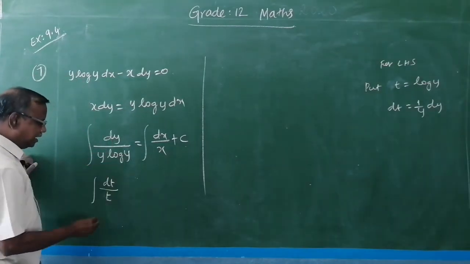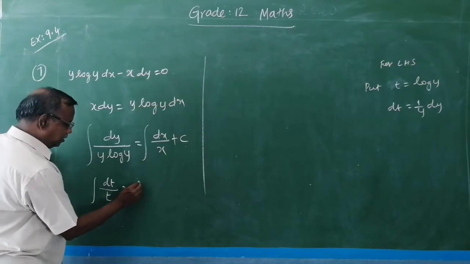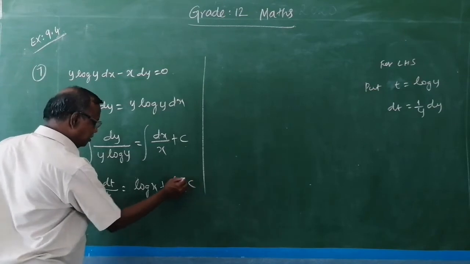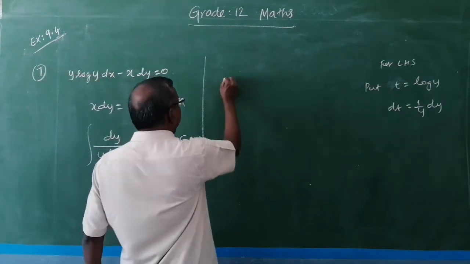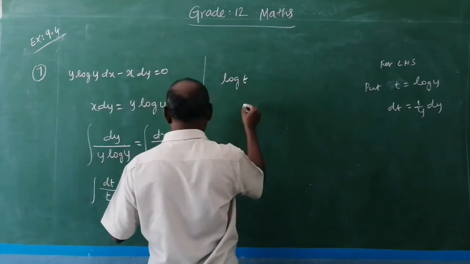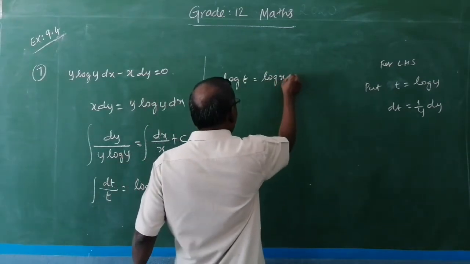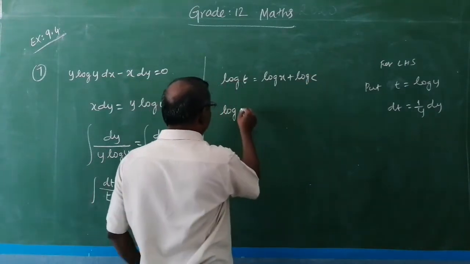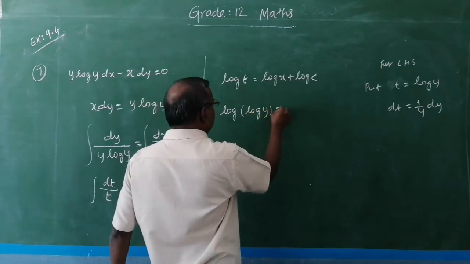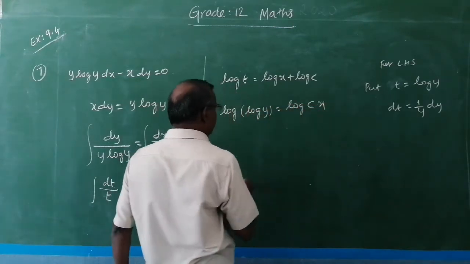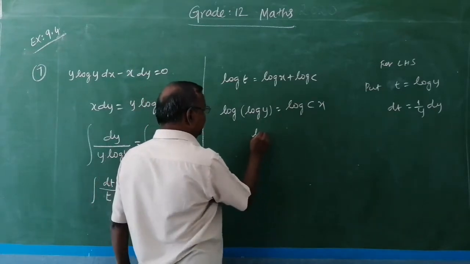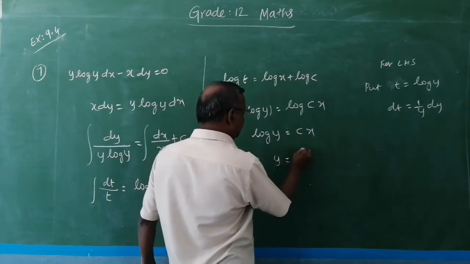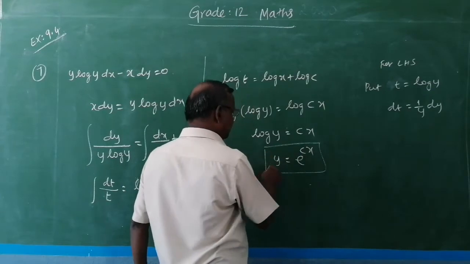So this is the integral of dt/t = log x, and plus c can be written as log c. The left side is log t. So log t = log x + log c. Log t means log of log y, so log(log y) = log cx. Taking antilog on both sides, we have log y = cx, or y = e^(cx). So this is the general solution.